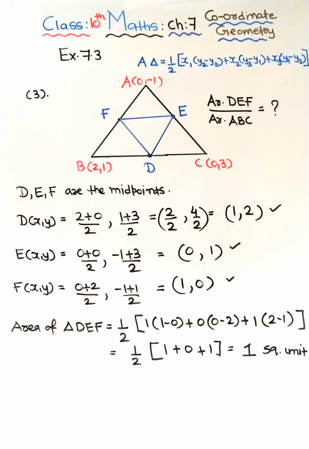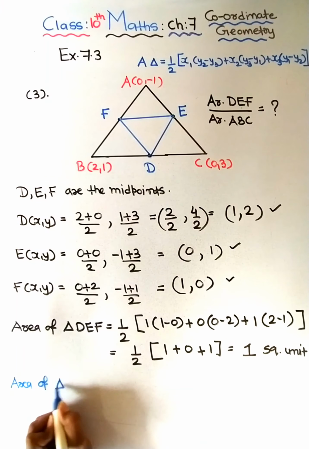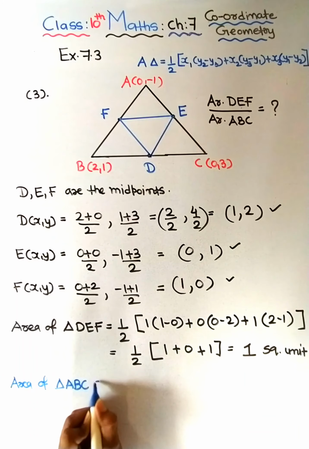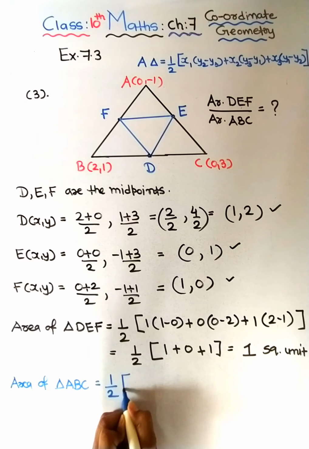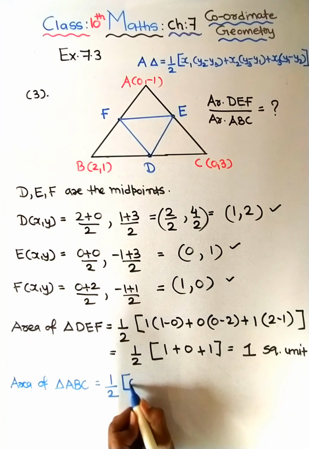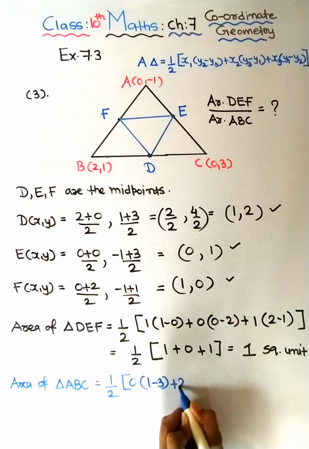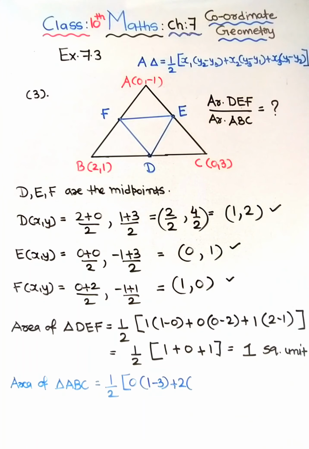Okay. Now let us go for the area of the bigger triangle. That means area of triangle ABC. Using the same formula, that is x1 into y2 minus y3. So x1 is 0 and y2 minus y3 is 1 minus 3. x2 is 2, then we have to write y3 minus y1.